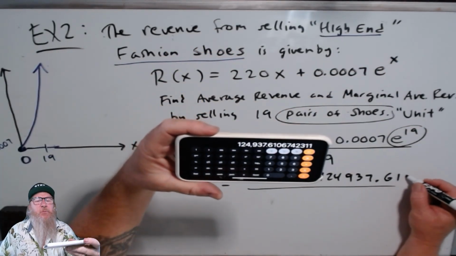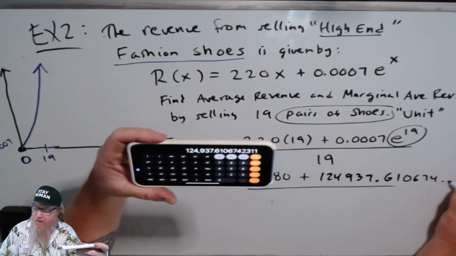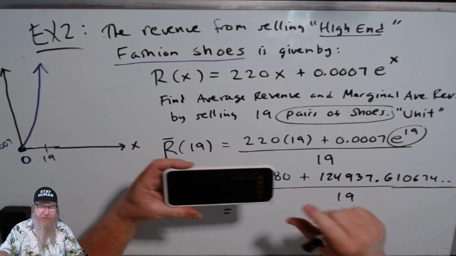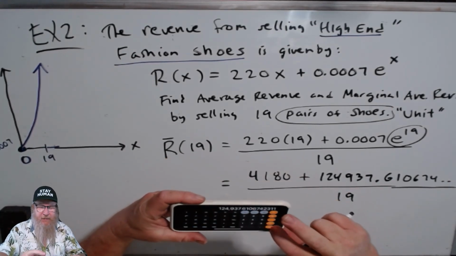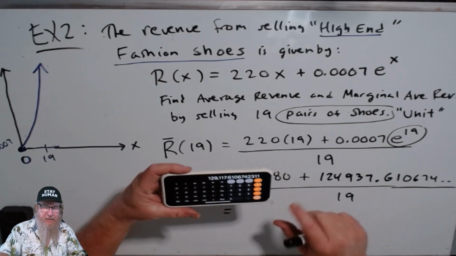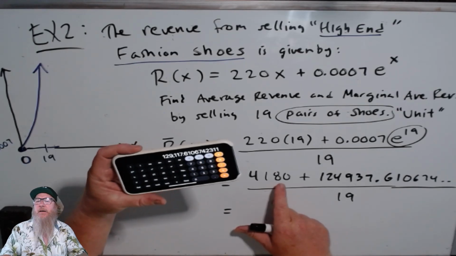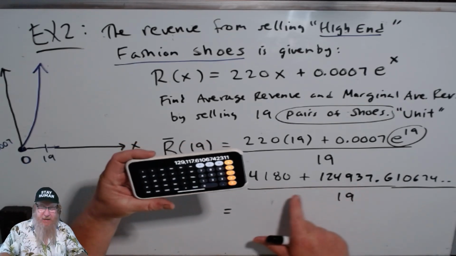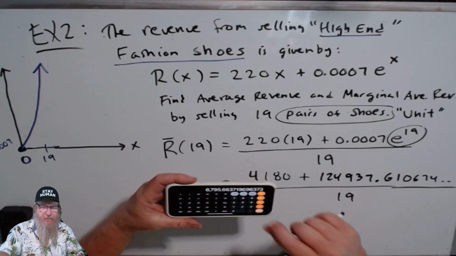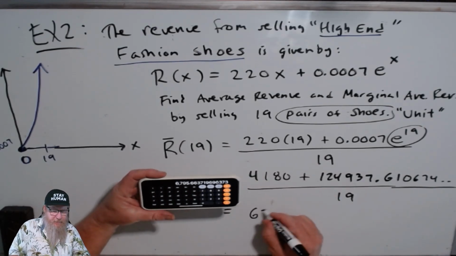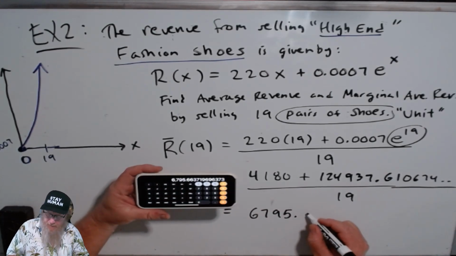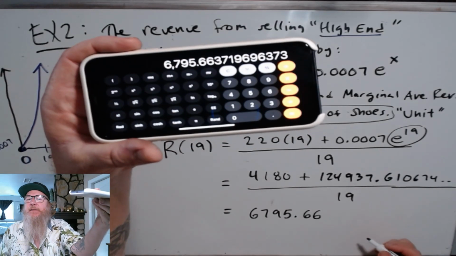And again, it's 610674. Don't round yet. Go ahead and add these together, plus 4180. A little extra. And then divide that by 19. And let's round that to 2 decimal places.